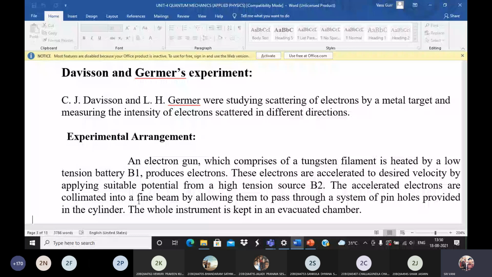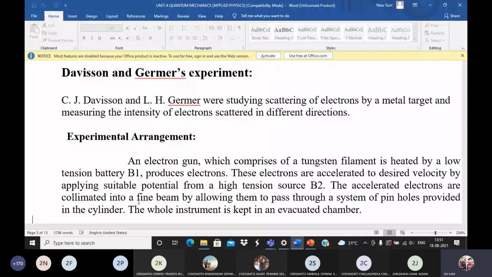Next, what is the procedure in the experiment? They both studied the scattering of electrons. What is meant by scattering? Previously you learned how light refracts, interferes and diffracts. All these are light phenomena. Now we are learning the concept in the form of matter: how scattering occurs in material particles.